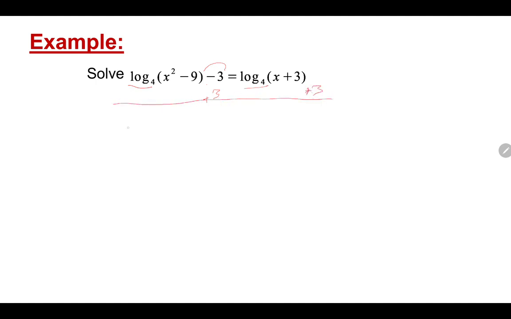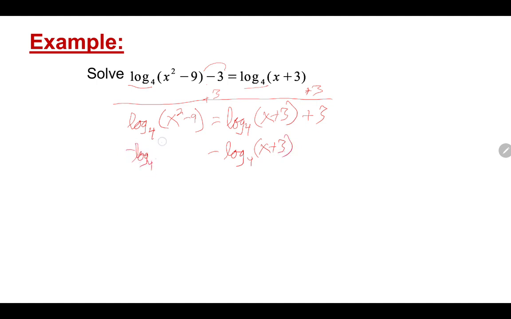So now I have log base 4 of x squared minus 9 equal to log base 4 of x plus 3, plus 3. Well, now I'm going to subtract log base 4 of x plus 3, and I have to subtract it over here as well.